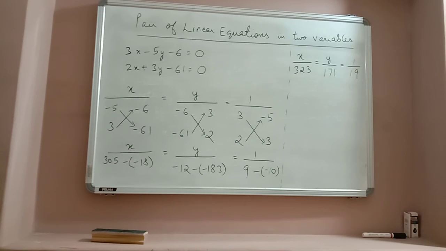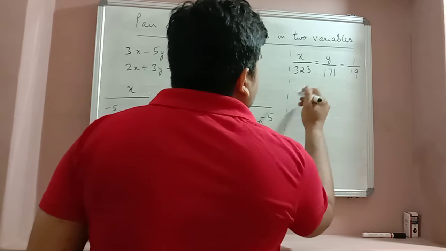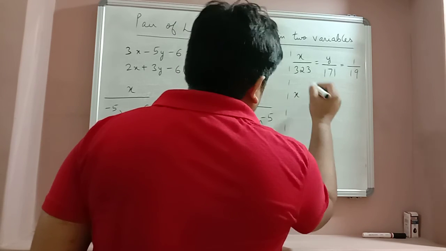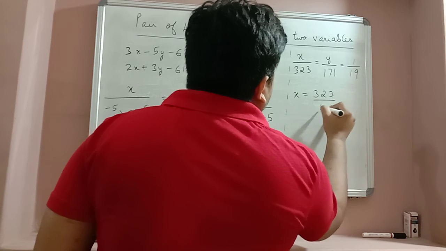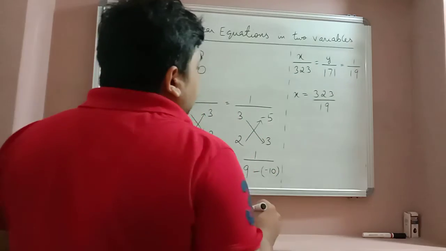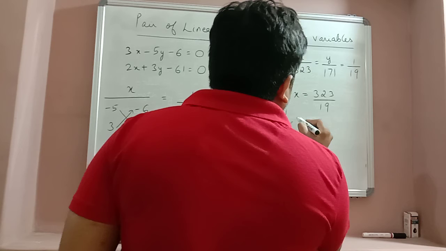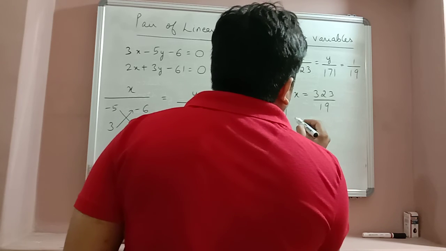Now from here I can easily find out the values of x and y. By equating the first and the third ratio, x equals 323 divided by 19. I think this is divisible by 19.